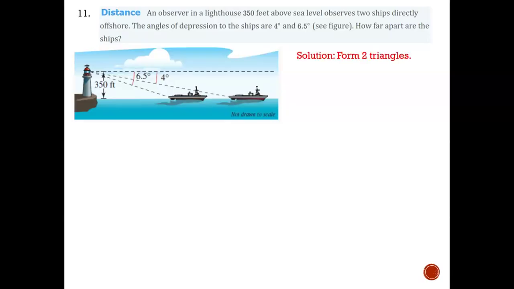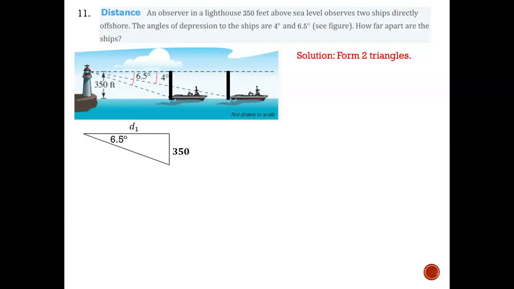So they want us, to get our solution, to find out how far apart these ships are. We want to form our two triangles. You see, we have two triangles here. This is our first one, given by 350 feet with an angle of 6.5 degrees, and we're going to call this distance one.